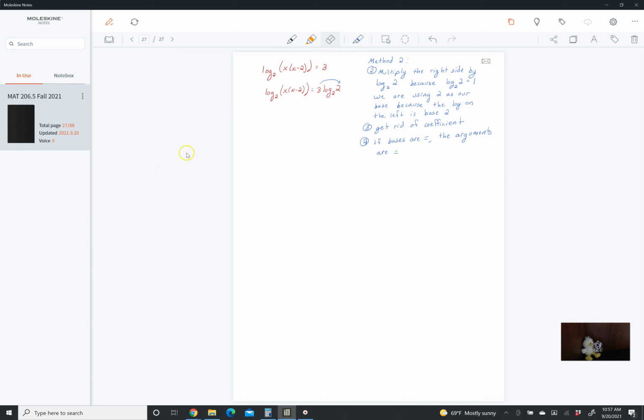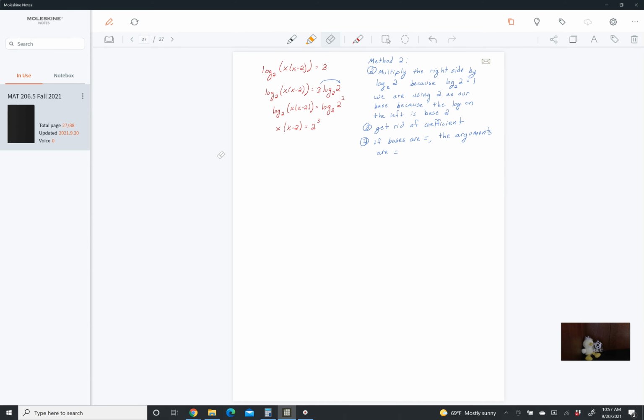So it kind of depends on what you're most comfortable with. This is more steps, okay? Because this will give us log base 2 of x times x minus 2 is equal to log base 2 of 2 to the third. Now we can say x times x minus 2 is equal to 2 to the third.